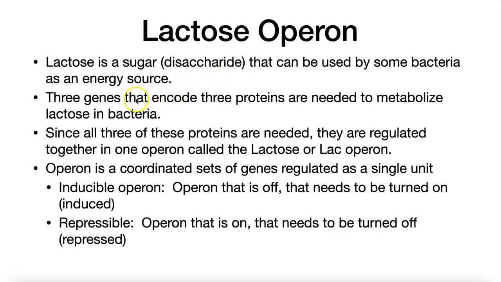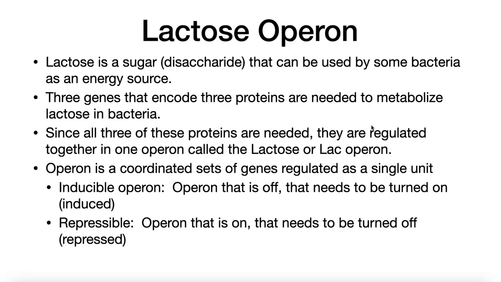And so within the Lac Operon, there are three structural genes that encode three proteins that are used to metabolize lactose in bacteria. Since they are all needed collectively to break down or metabolize lactose, they are regulated as a single operon.